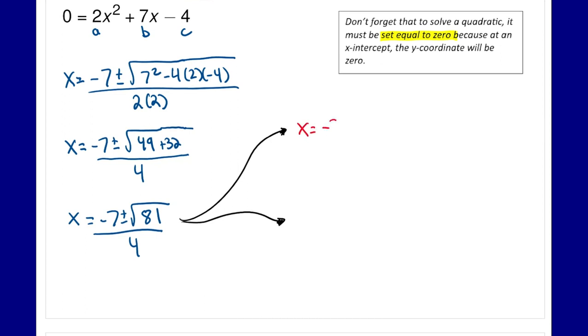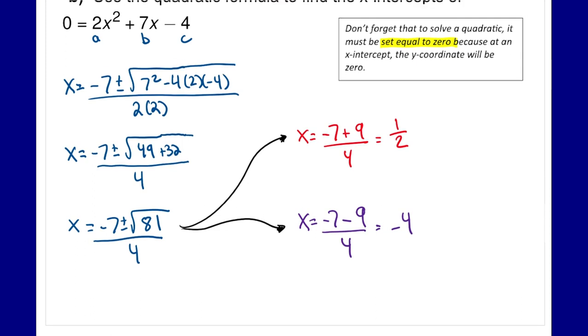X is equal to negative 7 plus the square root of 81, or plus 9, divided by 4, and x is equal to negative 7 minus 9 divided by 4, minus the square root of 81. And then simplified, I get 1/2 and negative 4. So that means for this quadratic, my two x-intercepts are 1/2 and negative 4.